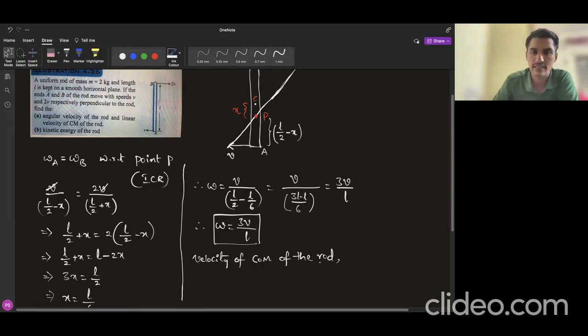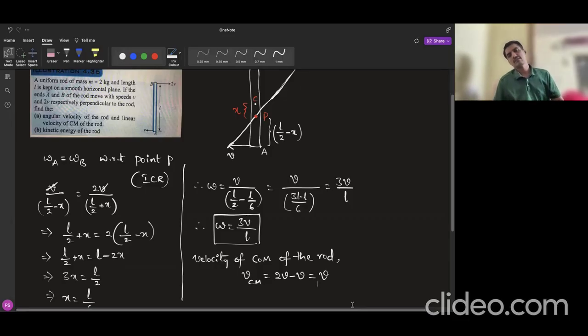In the rightward direction it is going with 2v velocity, and in the leftward direction it is going with v velocity. So VCM is equal to 2v minus v, which is v. This is the velocity of center of mass.